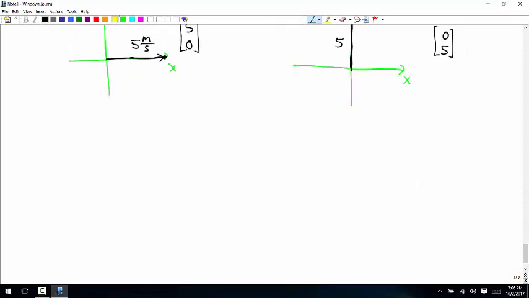Now let's think about the two negative directions. If the unicycle was riding back this direction, the components of that vector are the coordinates of this point. So that's 5 in the negative x direction and 0 in y, so this would be negative 5, 0.